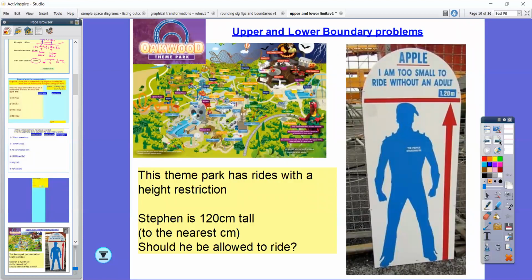And what do we go on to next? Right, so after we've done a lesson on that and they're happy with it, upper and lower boundary problems. Stephen's 120, should he be allowed to ride? Now if it's to the nearest centimetre, if he's actually 120 centimetres, he could be half a centimetre too tall, couldn't he? And if the ride's safety limit is at 120, he could be getting a headache.